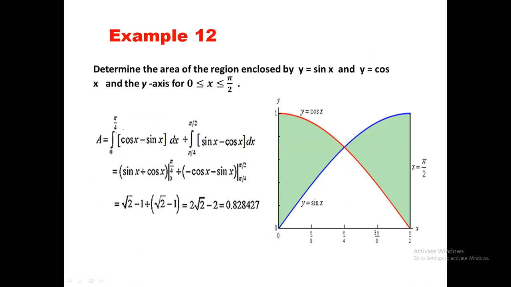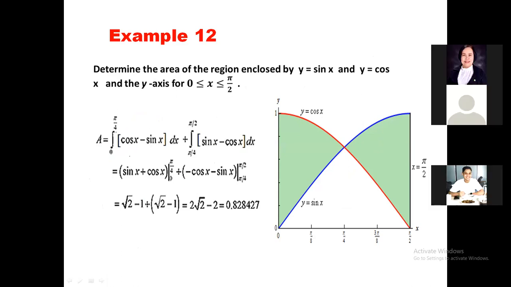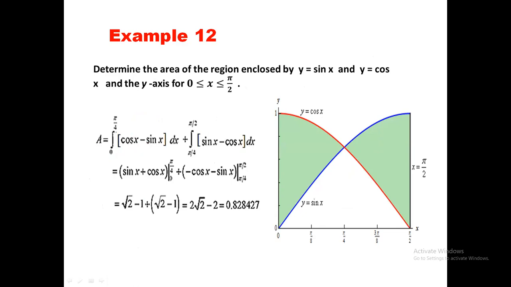But still, no worries because you know how to integrate cosine and sine. So the upper red curve is cosine of x, the lower curve is sine of x. So for this area, it's cosine of x minus sine of x. For the area on the right, you will have sine of x minus cosine of x. The limits of integration, of course, will be different.